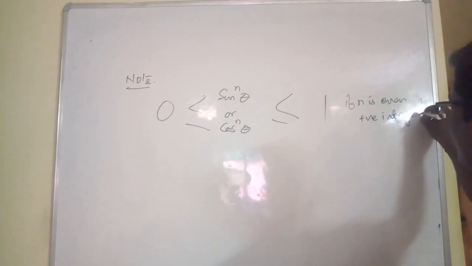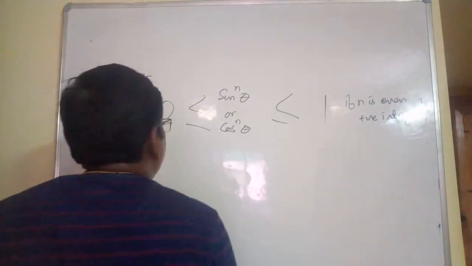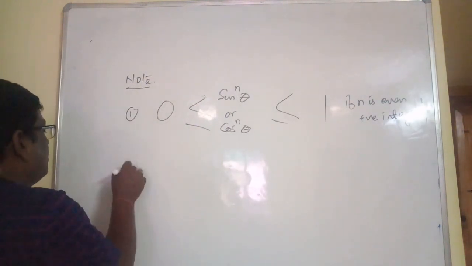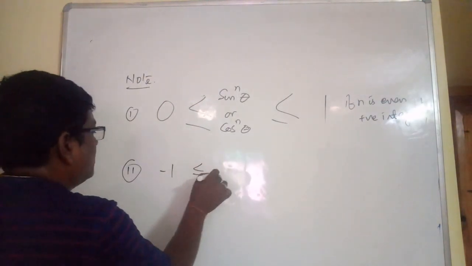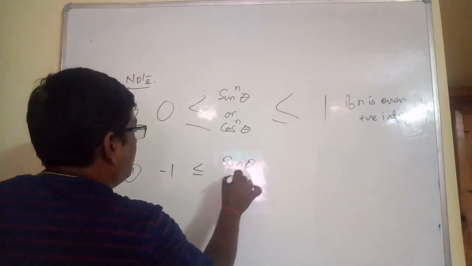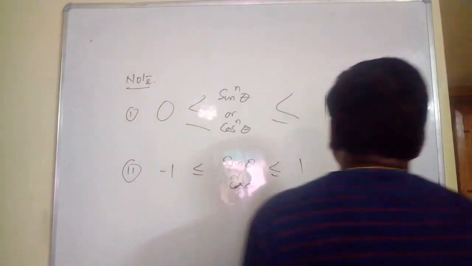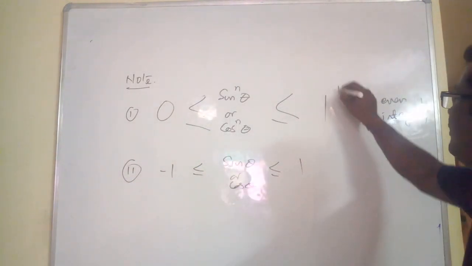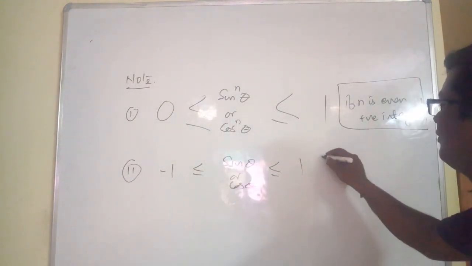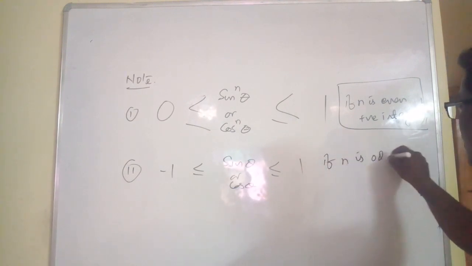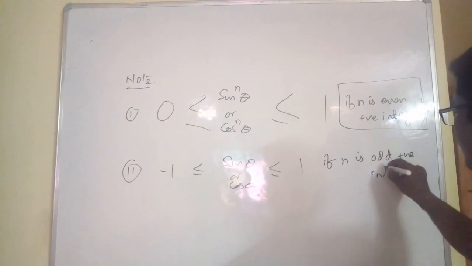Clear? Similarly, number 2: sin^n theta or cos^n theta lies between -1 and 1 if n is an odd positive integer.